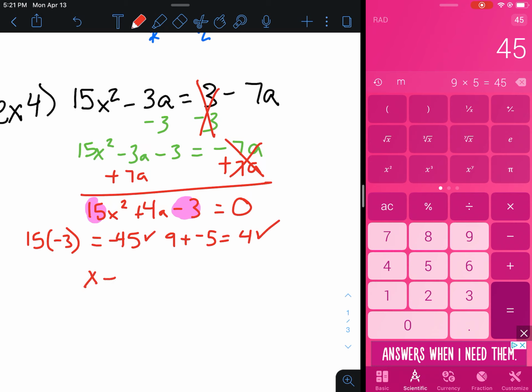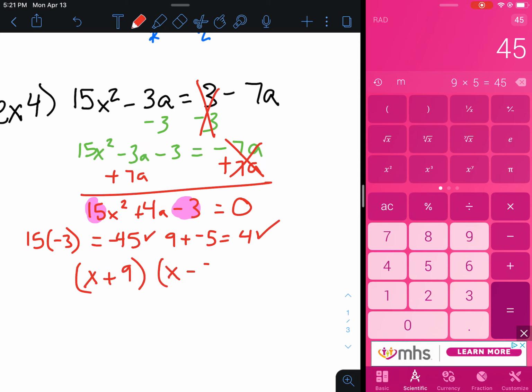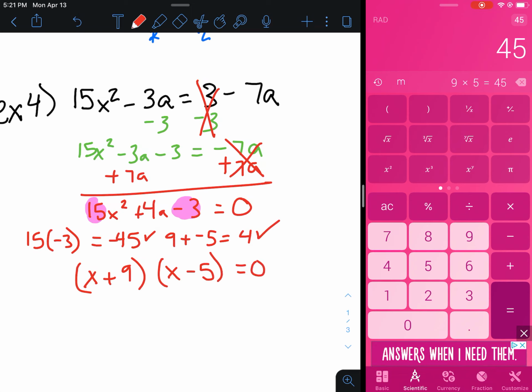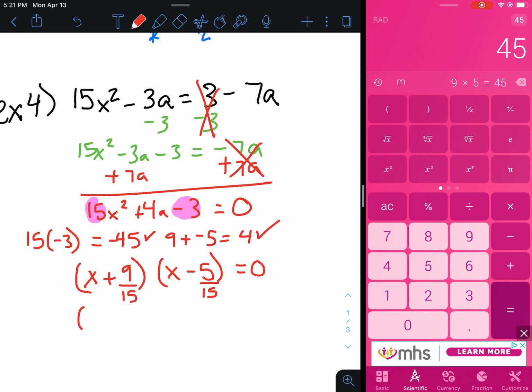So our factors are x plus 9 and x minus 5 equals 0. Again, I'm using the bottoms up method, so I'm going to divide by my original a, which is 15. And then I'm going to simplify both of these down to x plus, I can divide both by 3, so 3/5, and x minus 1 over 3.